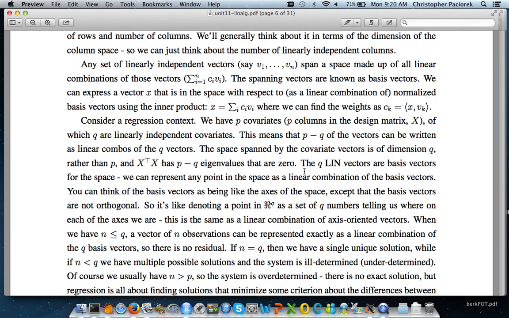Okay, so now we can think about what happens in a regression context. Let's say we have p of these different columns, so here we have p columns and n observations. And then let's suppose that out of these p, I have q linearly independent column vectors.